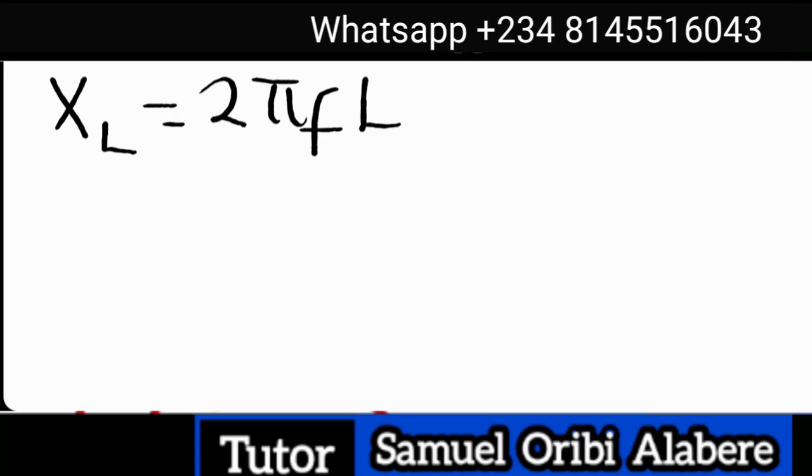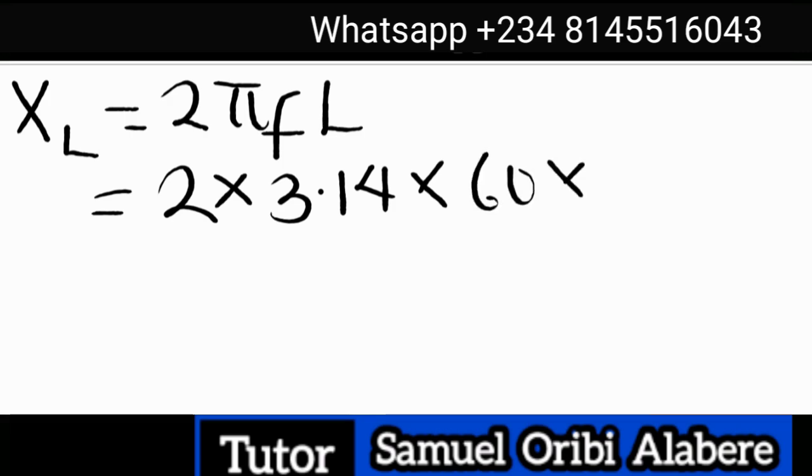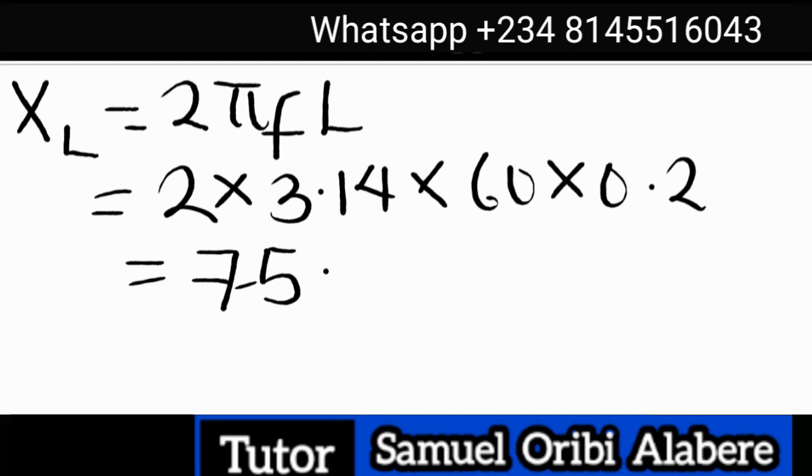So let's input those values into this formula, which will now give us 2 times 3.14 times 60 times 0.2, which will now give us 75.36 ohms. So that's our value for the inductive reactance.